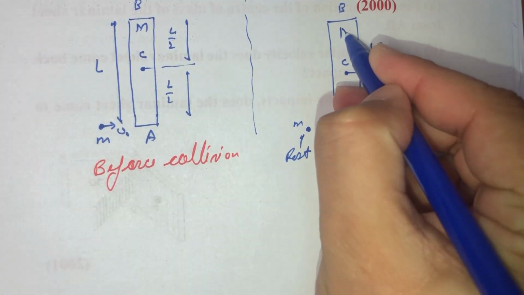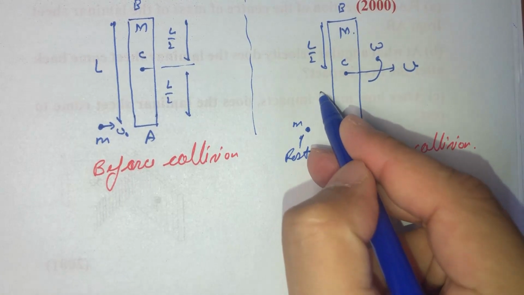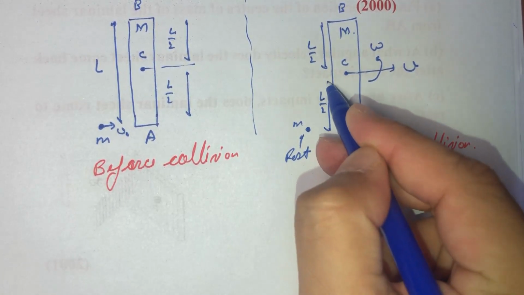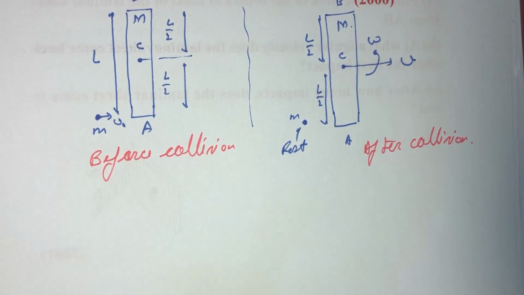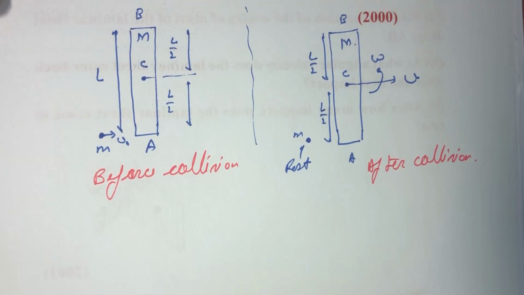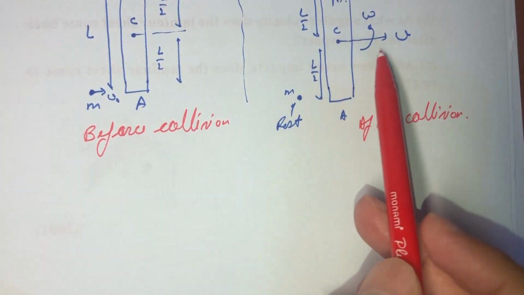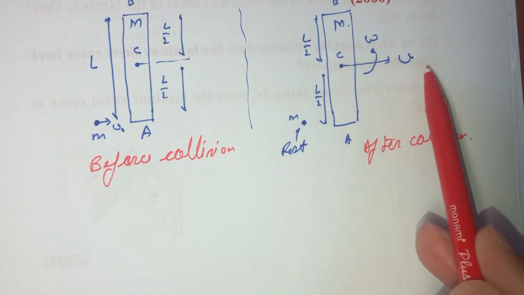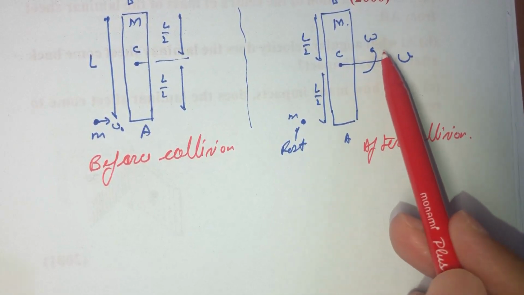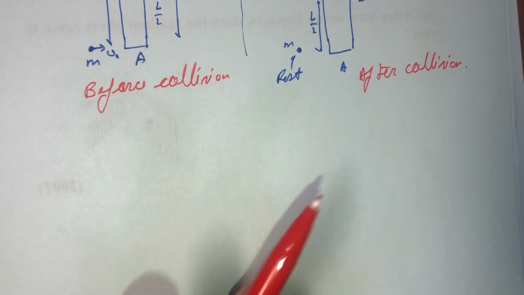The mass is capital M, and this will be L by 2, and this L by 2.